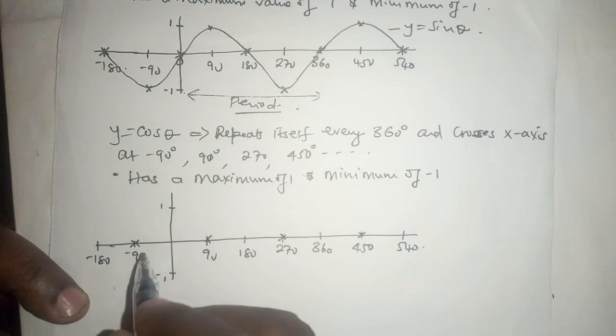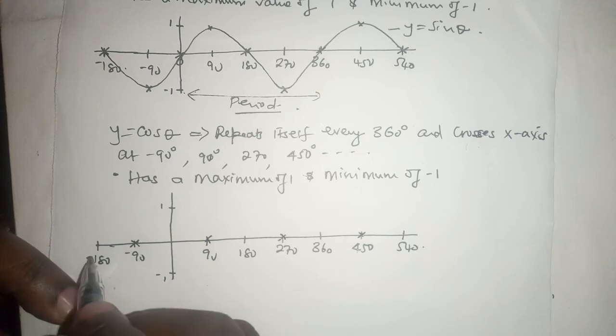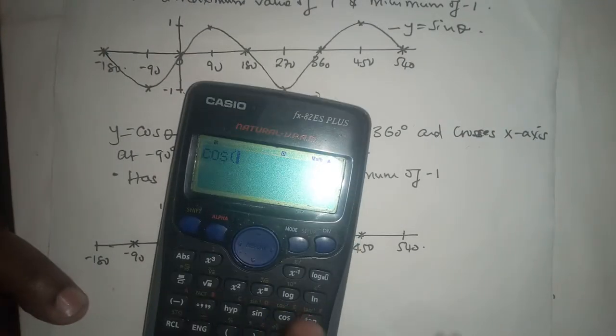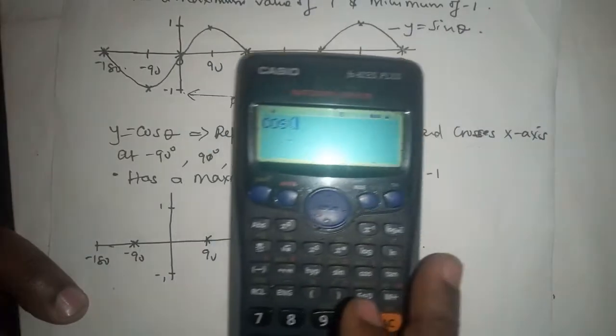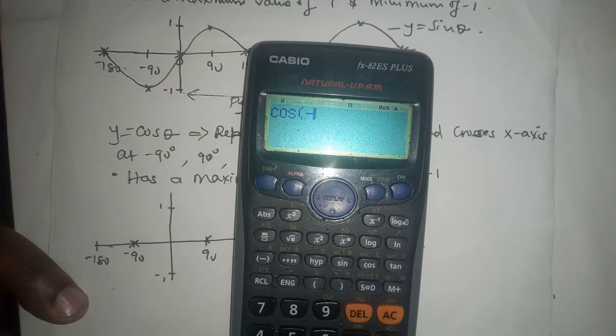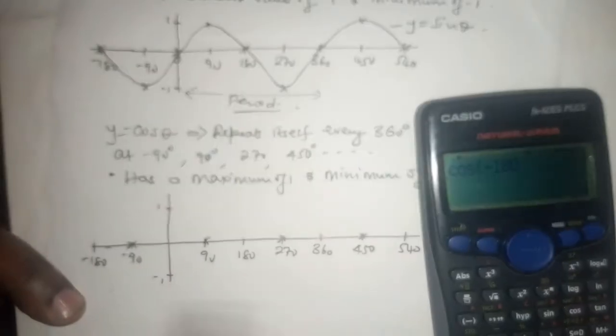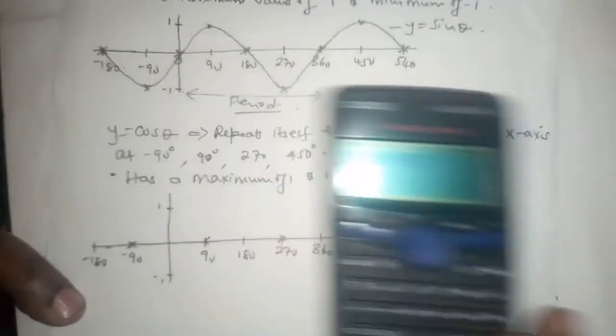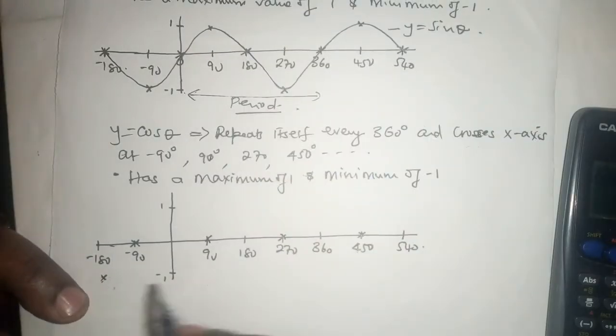So what about the cosine of negative 180 degrees? The cosine of negative 180 degrees equals negative 1. And there we are.